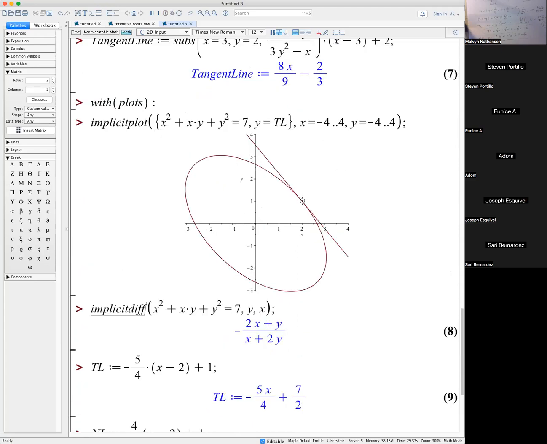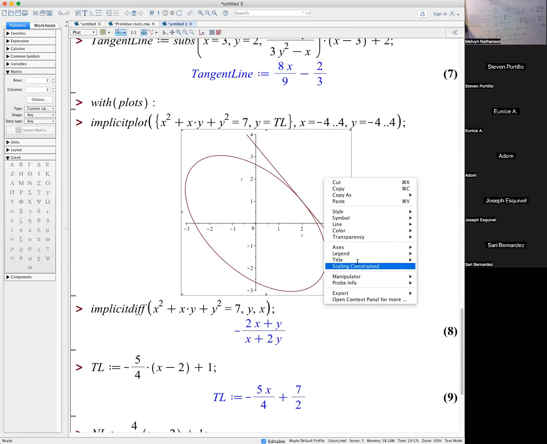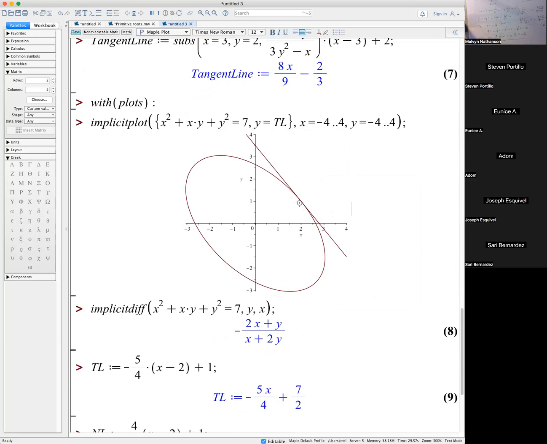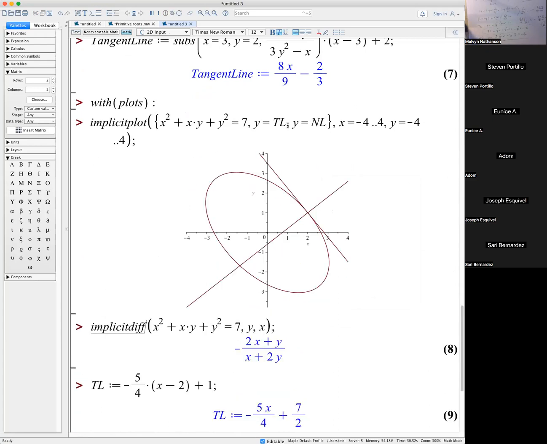So here's the point (2,1). Let me draw it to scale. That's always interesting. Here's the point (2,1), and that's the tangent line. And if I add y equal the normal line, fantastic. So here you see the normal line, and they are perpendicular.